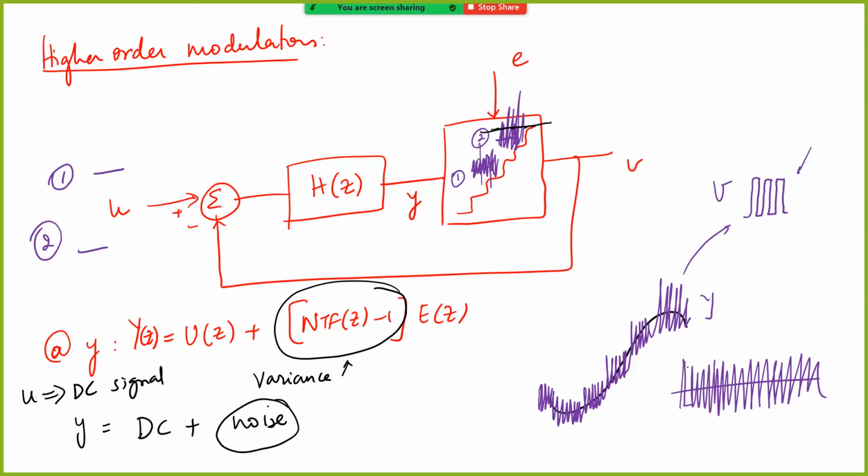So the feedback signal is not a proper representation of what is going into the quantizer. V is just supposed to be a quantized version of Y, but that relationship breaks apart when your input goes closer to the saturation of your quantizer.